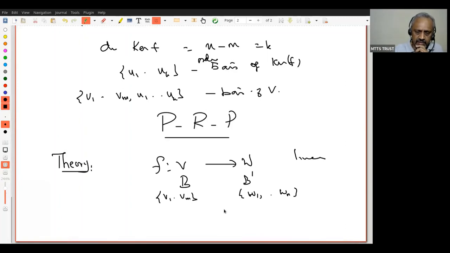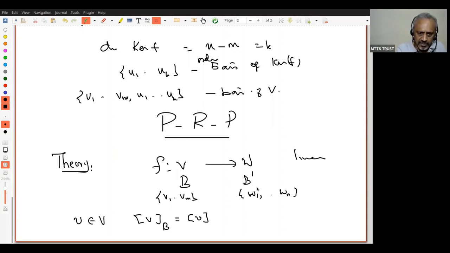Now what I want to do is make the notation somewhat simpler. See, if a vector v is given in V, then what is its coordinate vector with respect to B? You write v as a linear combination of v1 to vm, call it x1 v1 plus up to xm vm. Then this is the column vector x1, x2, up to xm. So hereafter I will write it simply as v, because B is fixed and I am not going to change it for the time being.